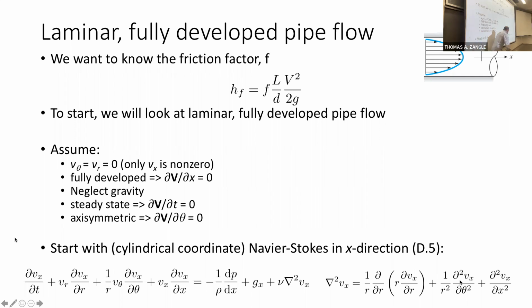Right, and then just moving further, we have our gravitational acceleration term in the x direction because this is the x momentum. We're going to assume that's 0. And then we have this term, which describes the frictional effects in the flow, nu del squared Vx, and that del squared Vx term is expanded out here.